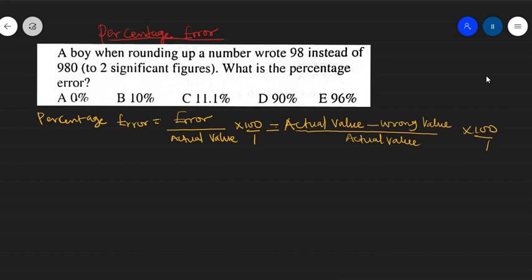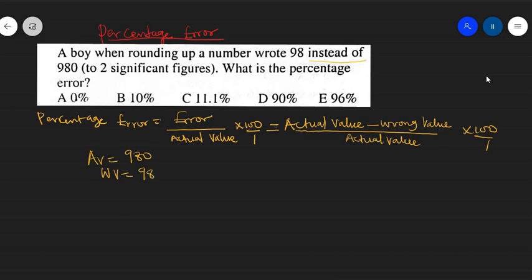Basically simple. For this example, it says that a boy, when rounding up a number, wrote 98 instead of 980. Now you watch the words "instead of". So the correct value, the actual value AV, is equal to 980, and the wrong value WV is equal to 98.